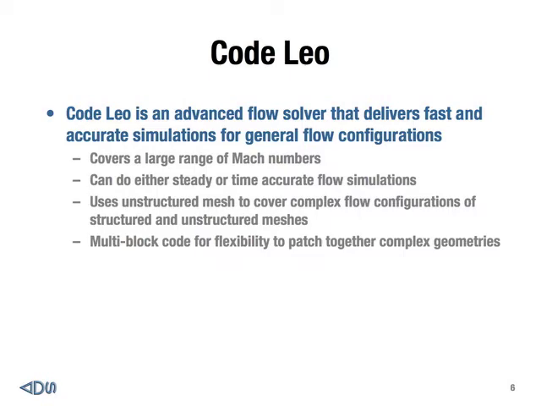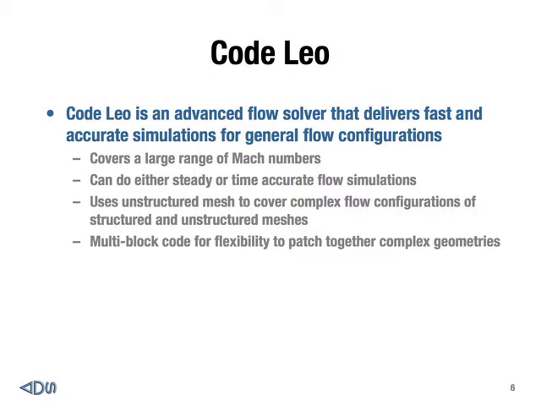Some of the reasons, or some of the capabilities. First, the capability, as I said, covers from very low speed to transonic speed of 3.5 Mach number. Right now, it only works for ideal gas. Also it can do both steady and unsteady, which makes it very flexible to cover a lot of problems you're interested in.